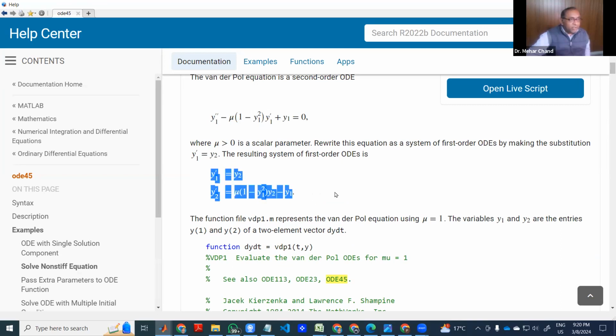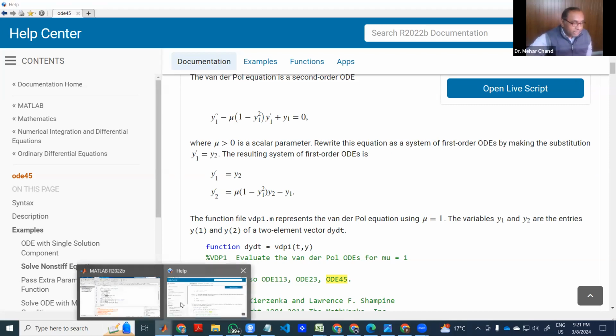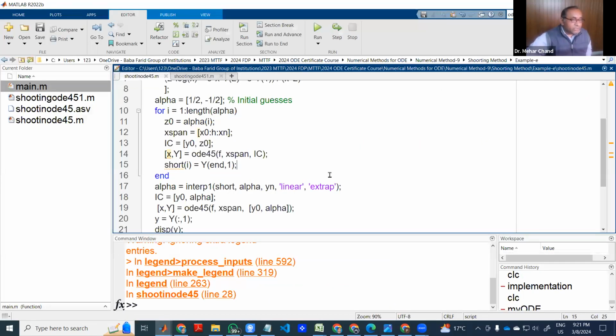In this way you can easily convert the given second order or third order differential equation into an initial value problem, and then you can use this method to find the solutions of different types of initial value problems. The same approach we are using in our method to find the solutions of the system of differential equations, the initial value problem.